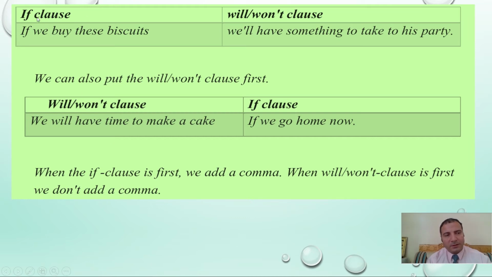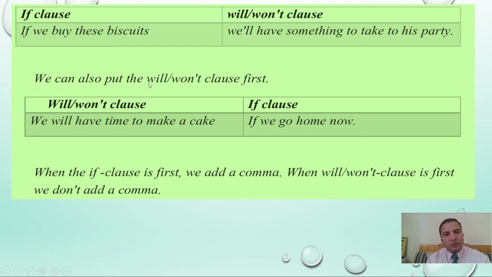The first part is the if clause and the second part is the will or won't clause. In the if clause, I start the sentence with if plus the present tense, and in the will clause, will plus the base form of the verb.